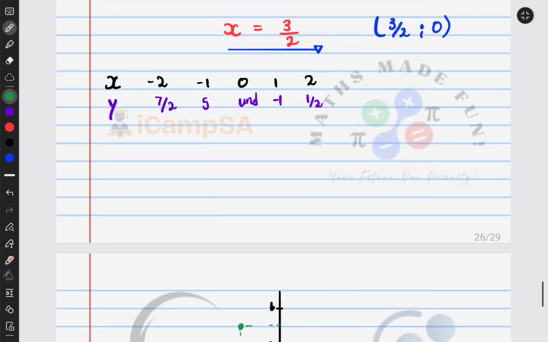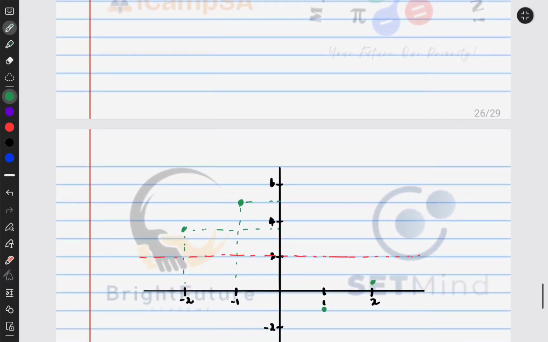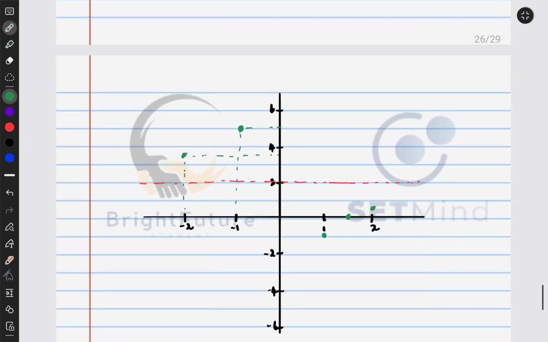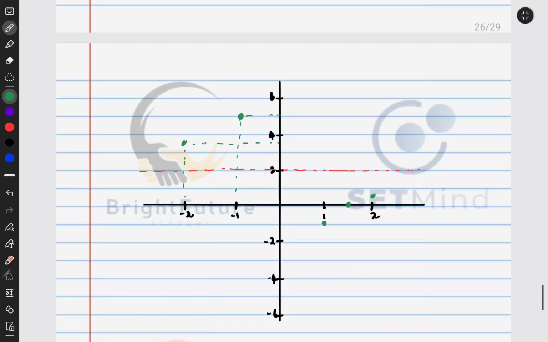Remember that the x-intercept is 1.5, so it's here. That's your x-intercept. And then from there you simply join your points, just like that.